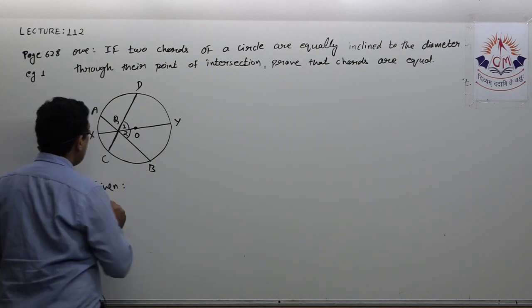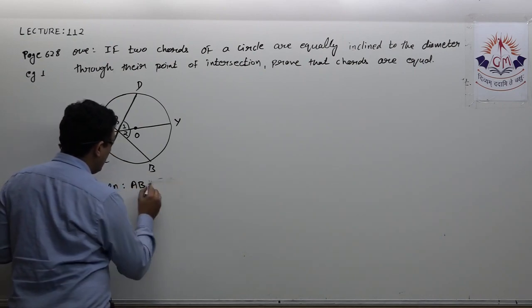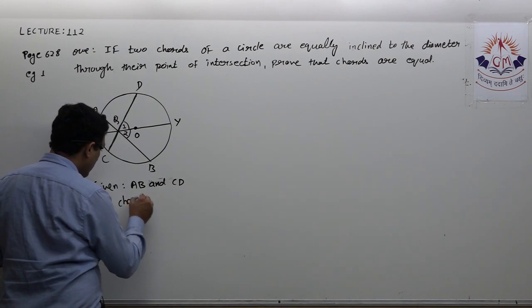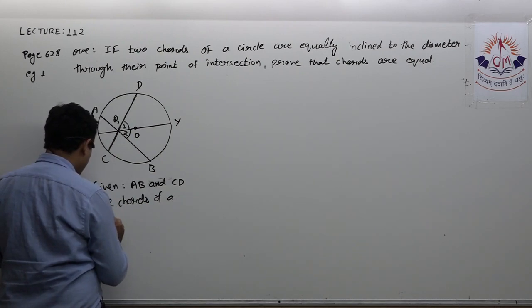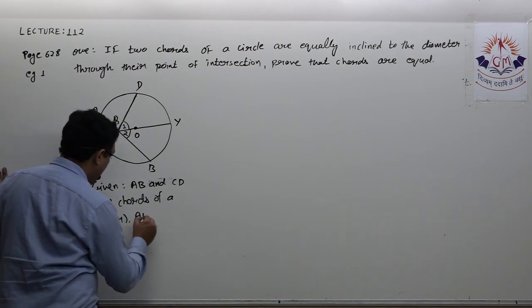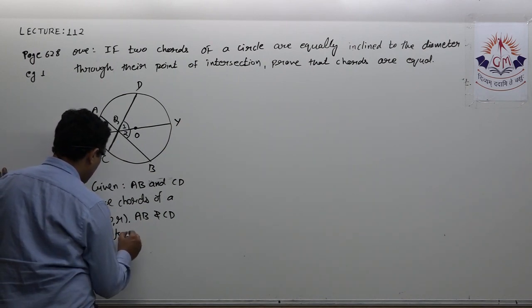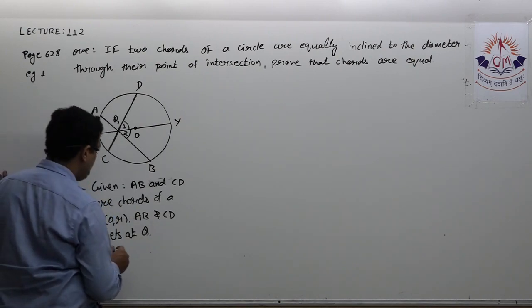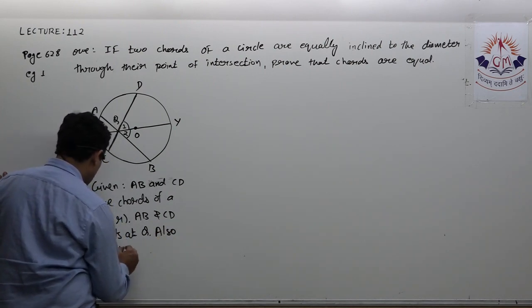Okay, so given: AB and CD are two chords of a circle O comma R. AB and CD meet at Q. Also angle 1 is equal to angle 2.